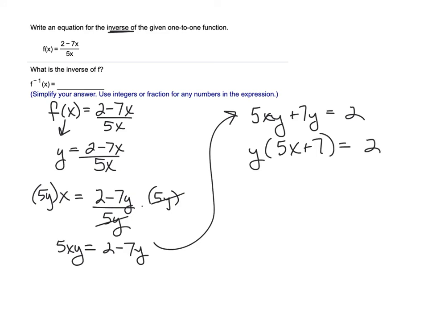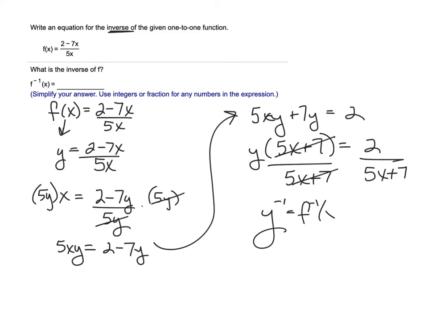And finally, divide out by 5x plus 7. So y equals, and this y now is your new inverse, which is the same thing as f inverse, by the way. But what they want you to plug into the answer is just the function part. Okay, that's going to be my answer.